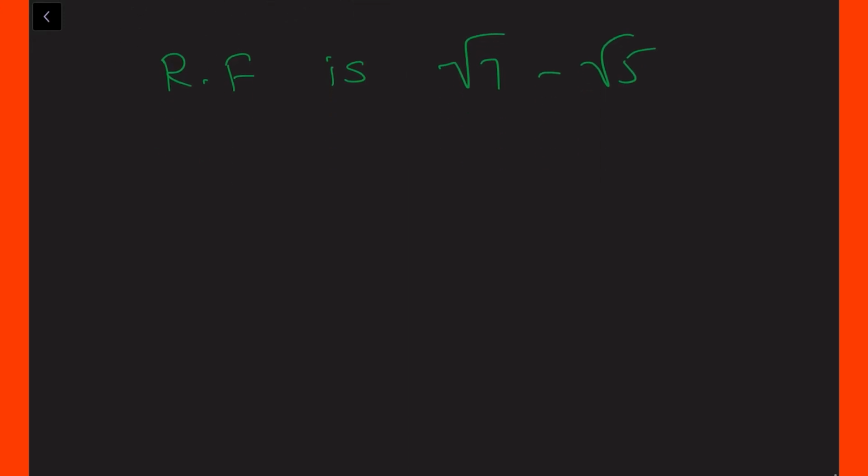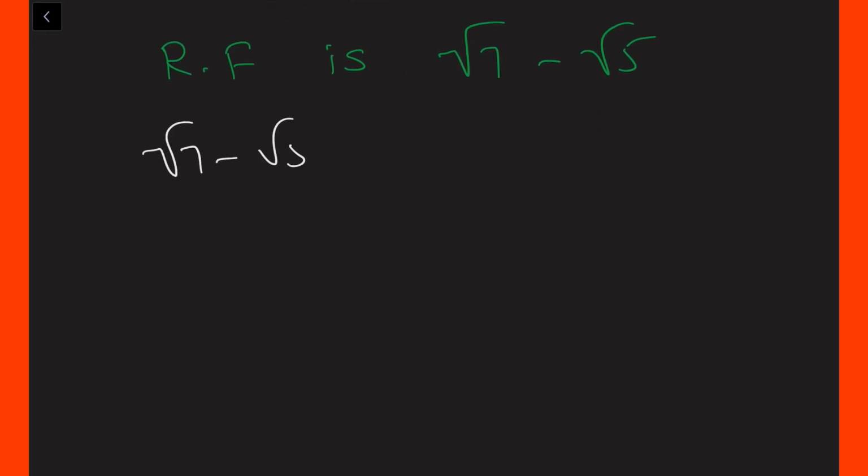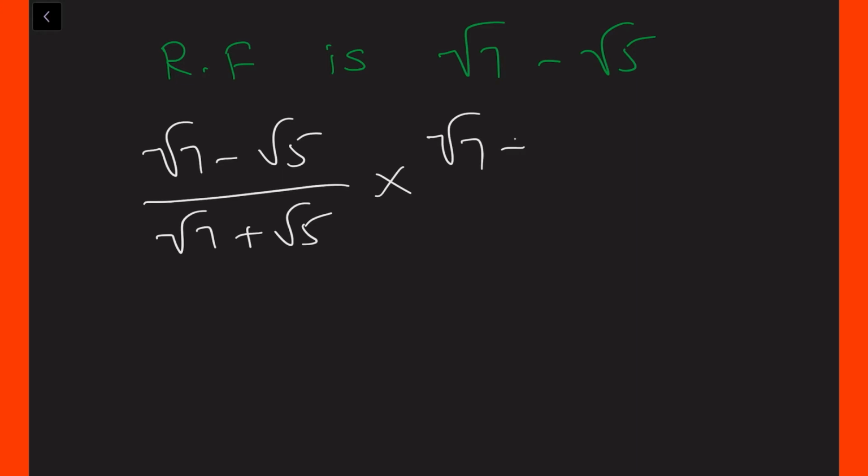So the question is root 7 minus root 5 divided by root 7 plus root 5, multiplying and dividing by root 7 minus root 5.